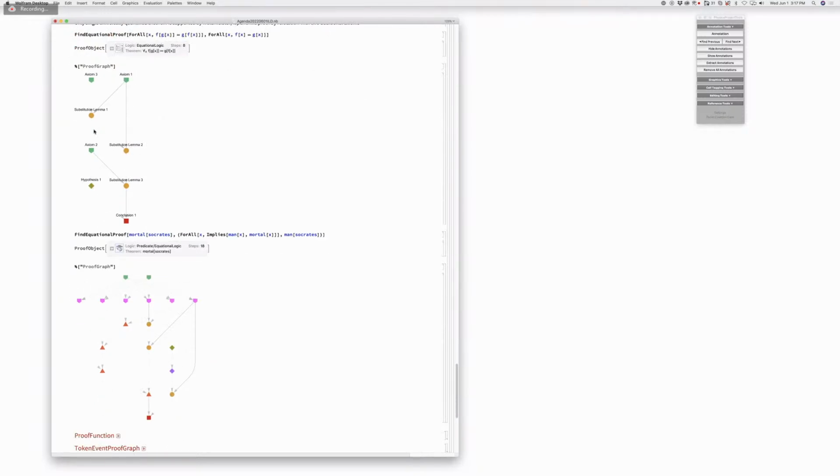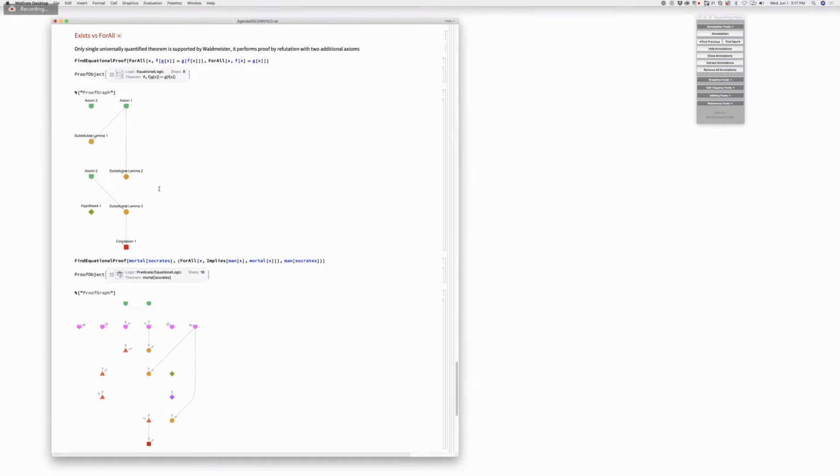So the improvement, it's more of a bug fix, because previously FindEquationalProof ignored basically the existential quantifier, or the other way around. Everything was an existential quantifier. I thought everything was a universal quantifier. No, it was actually existential. If you put a for all, it was treating it as constants, and Waldmeister was treating all those variables as constants.